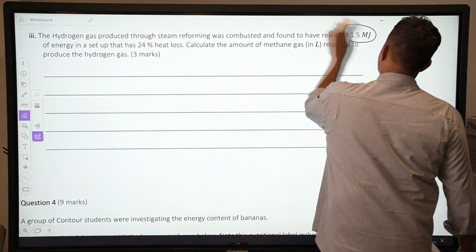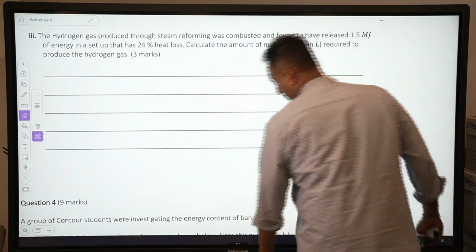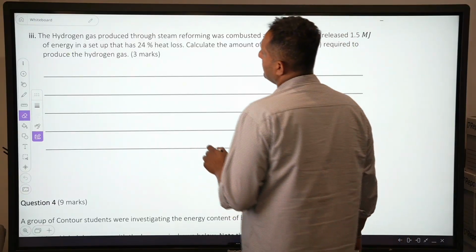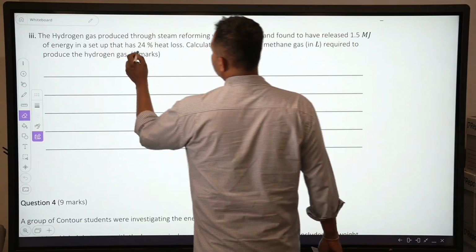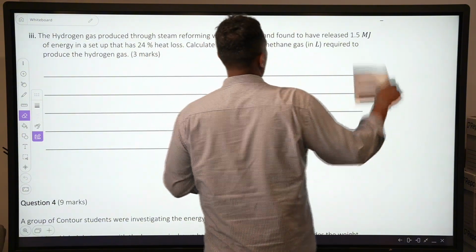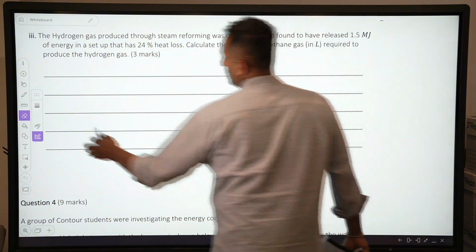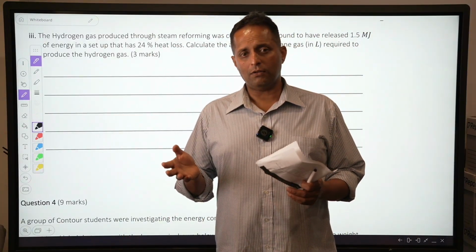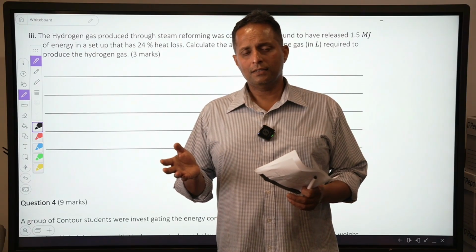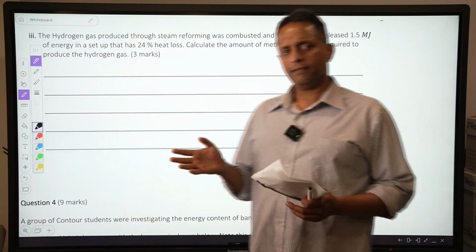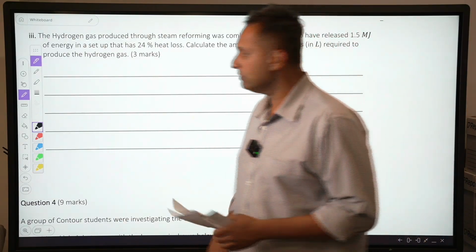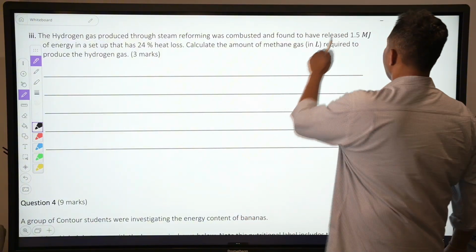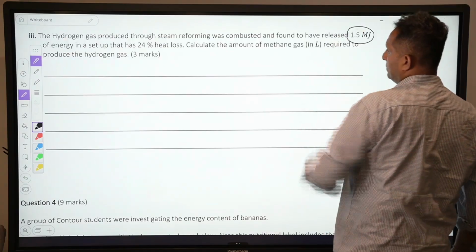All right. Now listen. Let's do this question again. The same question, but the difference is it says the heat is lost. What do you mean by lost, sir? You remember we burn hydrogen and we measure the amount of heat the hydrogen releases. That is what we were meant to do. During the measuring process, we have measured 1.5.